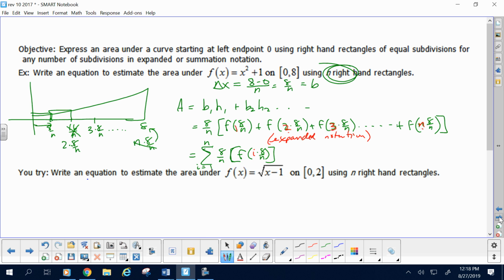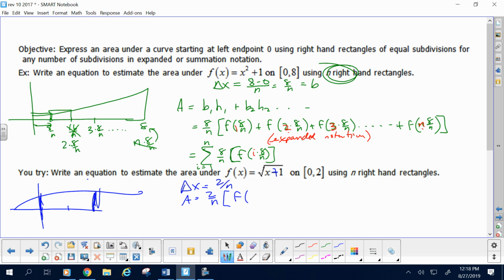I hate to tell you, it probably won't matter too much, but I'm going to change that to x plus 1, so I actually have no domain problem. Then, 0 to 2, so it's from here to here. Okay, cool. So the delta x, did you get that it was 2 over n? Okay, cool. The area then is that base factored out and f at.